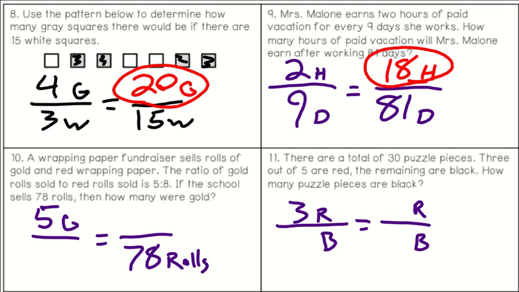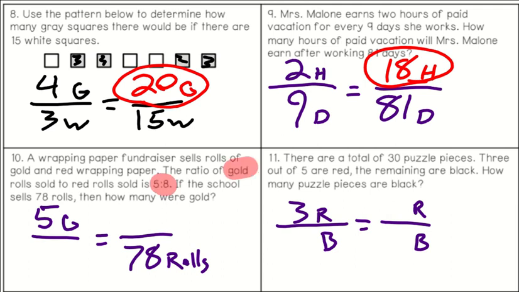Anybody think they got the answer for number 10? Jacob? It is 30. Here's why. It gives us a ratio of 5 to 8, right?